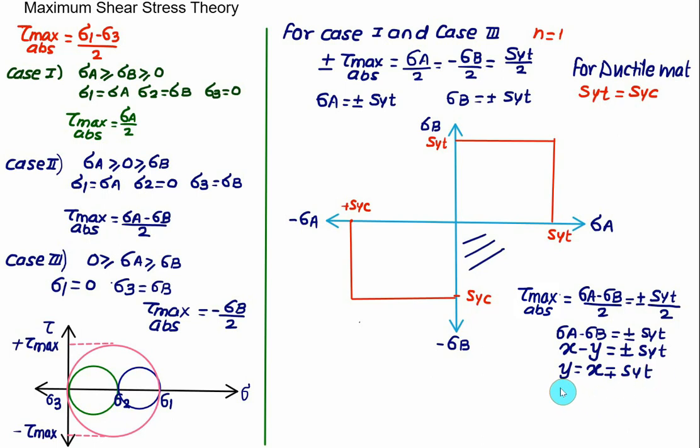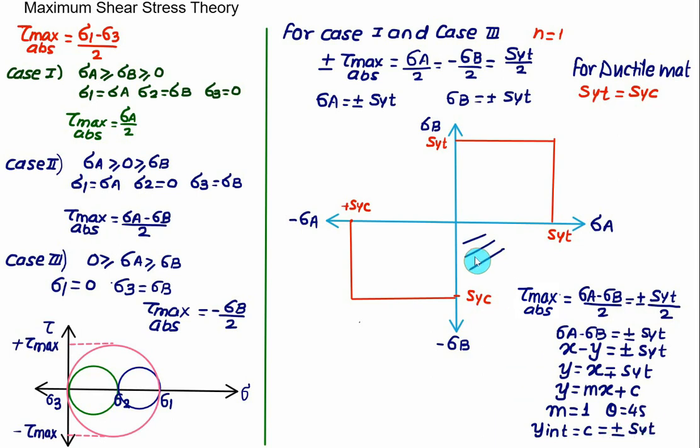Now this one is a standard form of equation which is given as y is equal to mx plus c, where m represents slope and c represents here the y-intercept. In this case we have coefficient of x is 1, so we have slope is equal to 1, means theta is equal to 45, and we have y-intercept that is equal to c is equal to plus minus SYT.